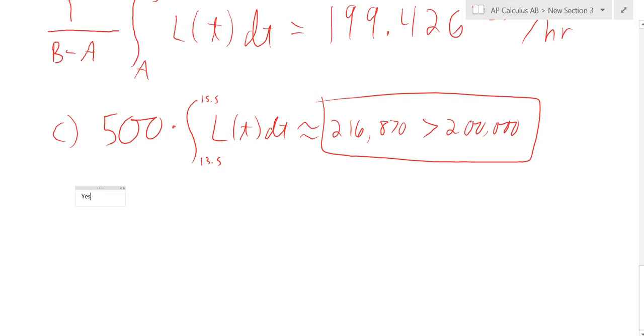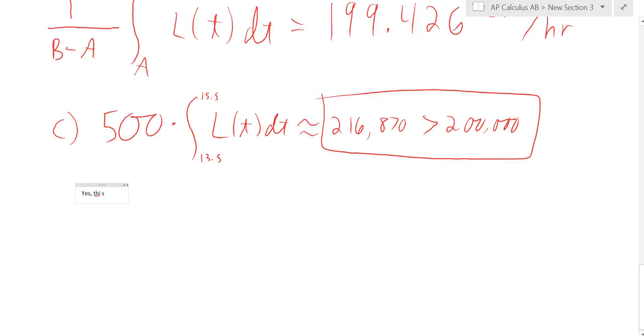So, yes, this intersection needs a traffic signal since the product of 500 and the integral of L of t from 13.5 hours to 15.5 hours is greater than 200,000.